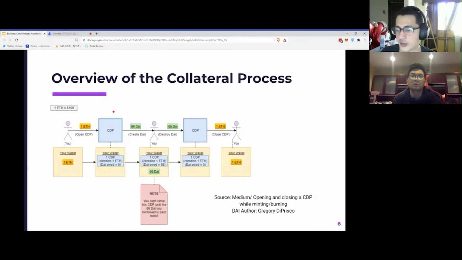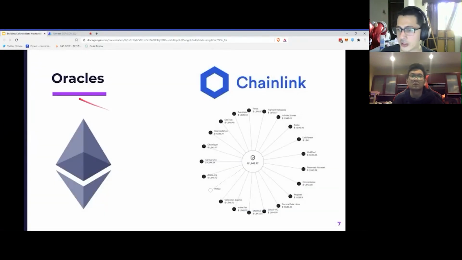Liquidation is a way to protect the protocol from the money going too low and depegging the asset. As for oracles, if you don't know what they are, they are a way to get off-chain data on chain, and you can create your own.